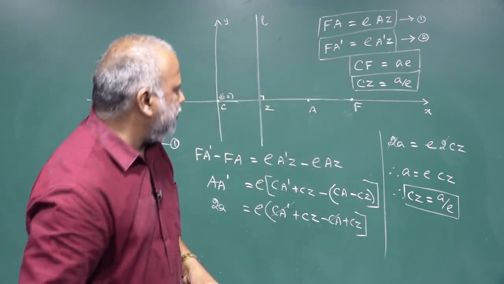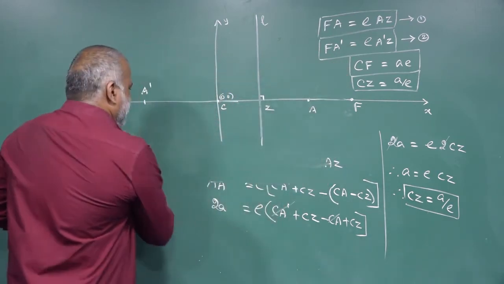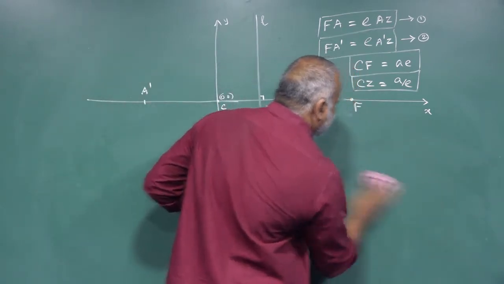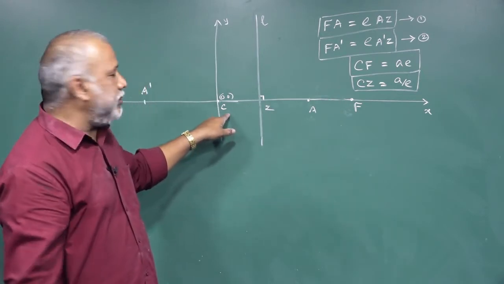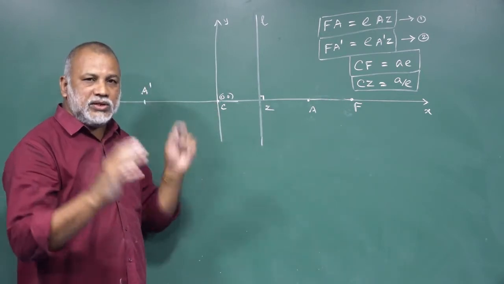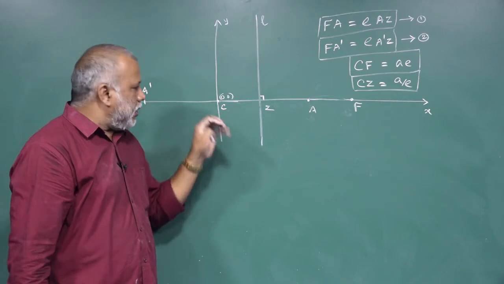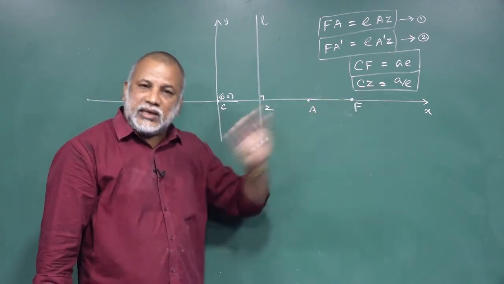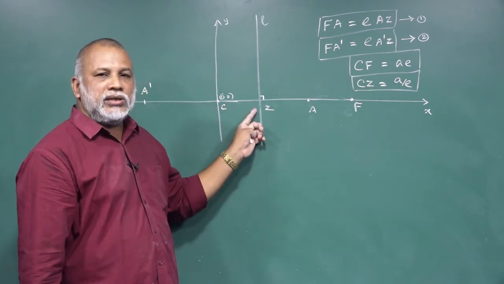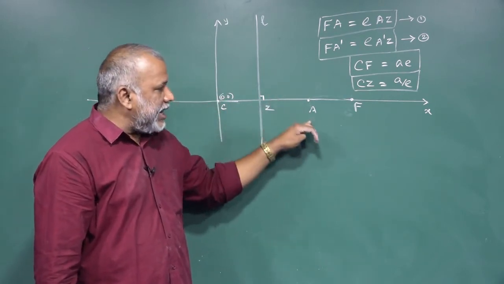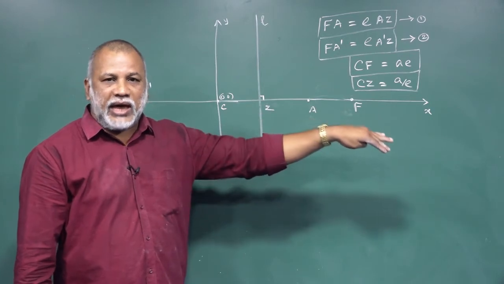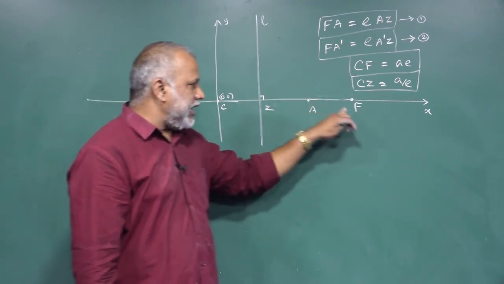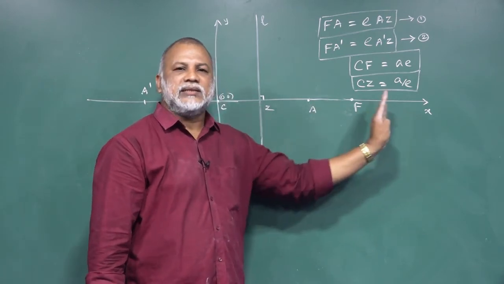Now already we are deciding the x-axis and y-axis. Now listen, considering C as the origin, so 0, 0. Now listen, CZ equal to a by e. That is the distance. We need the point Z. A, F lie on the x-axis only. So see, Z, A, F lie on the x-axis.